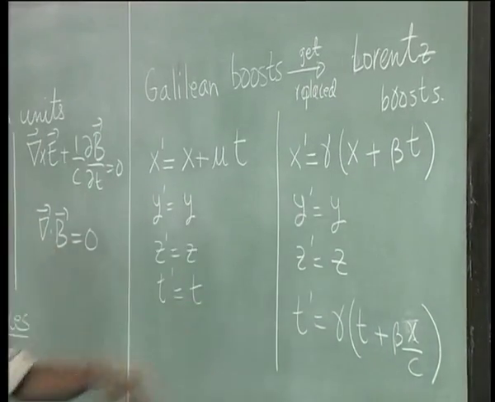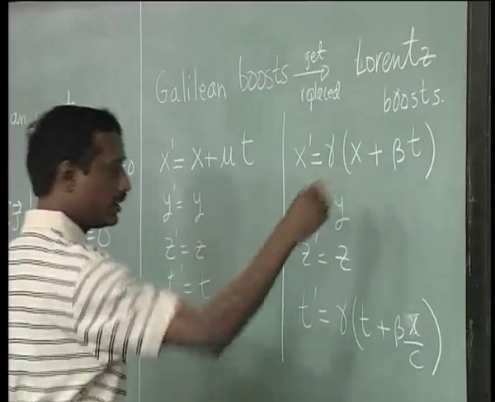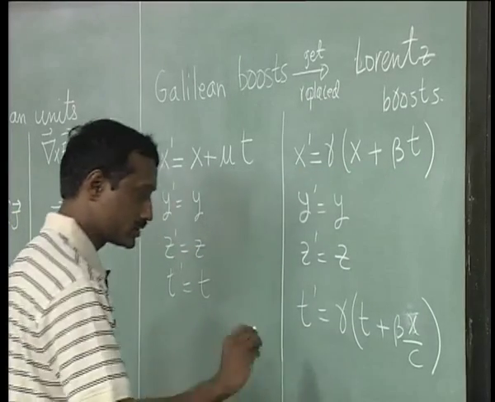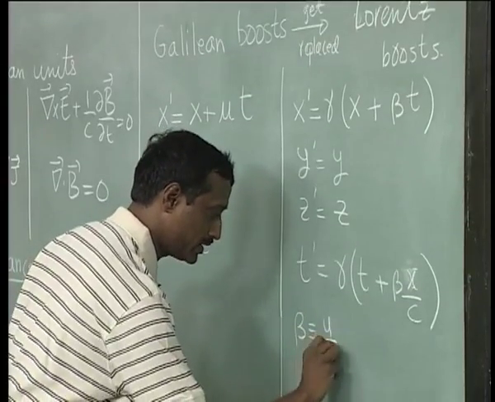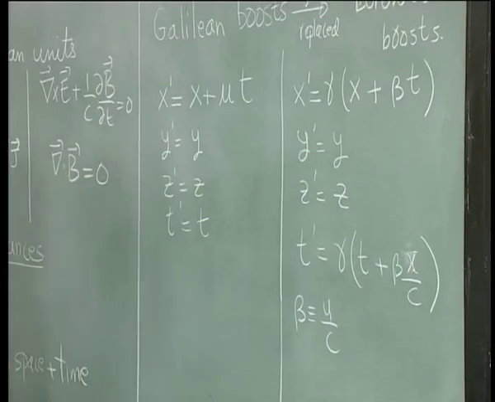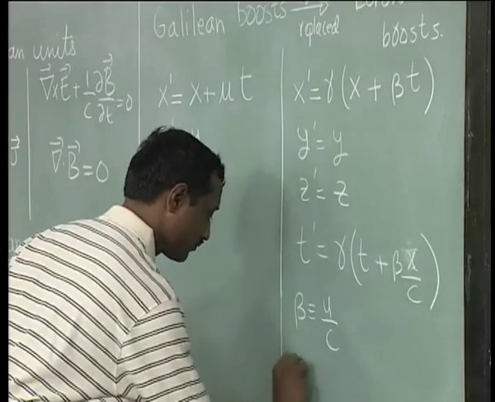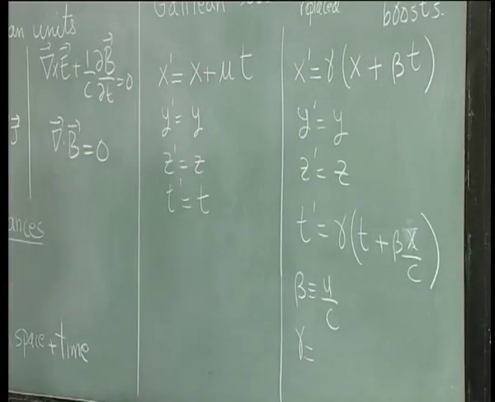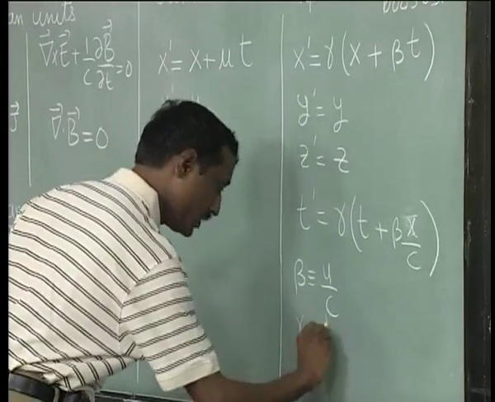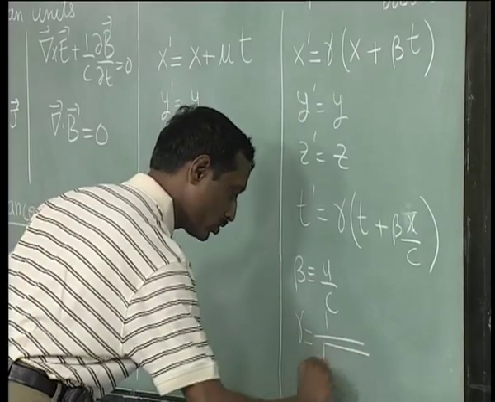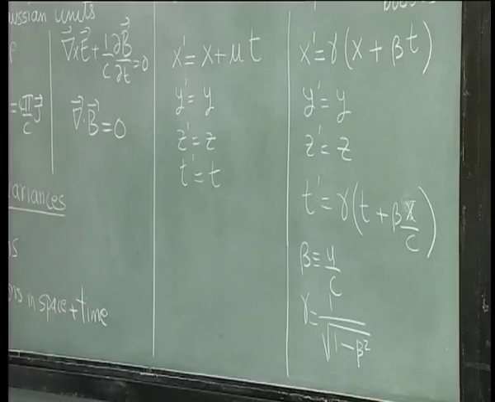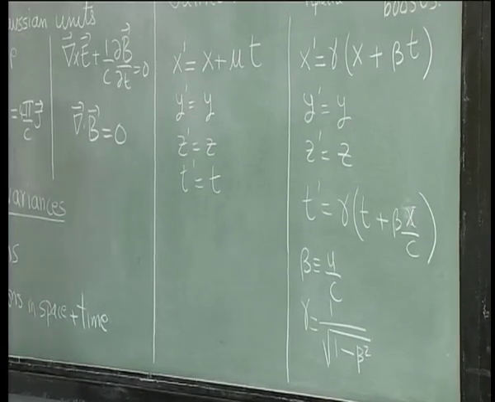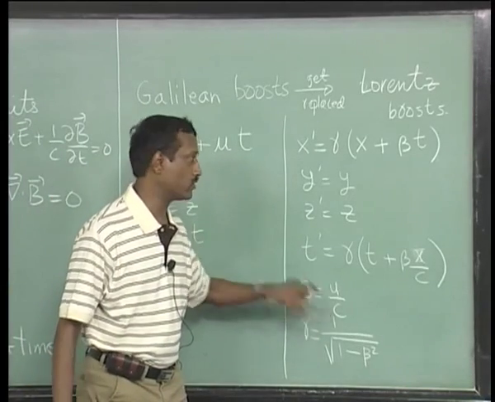I have introduced a couple of things, gamma and beta. This is standard in courses in special theory of relativity. Beta is nothing but u by c, and gamma is 1 by square root of 1 minus beta square. Okay, and c is the speed of light.